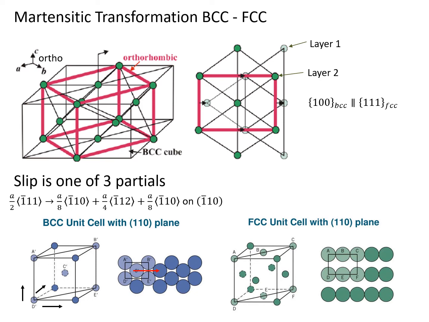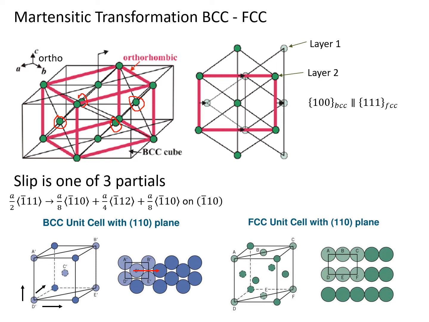And if we take these atoms, this one, that one over there, and this one, and shear them a little bit one way, that will then end up bringing the material more into a hexagonal arrangement, which is closer to an FCC.